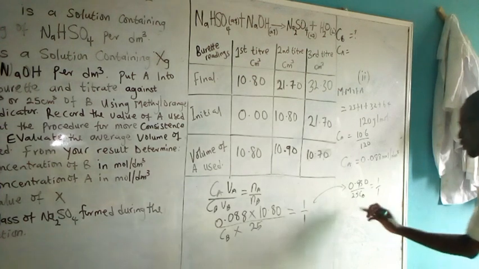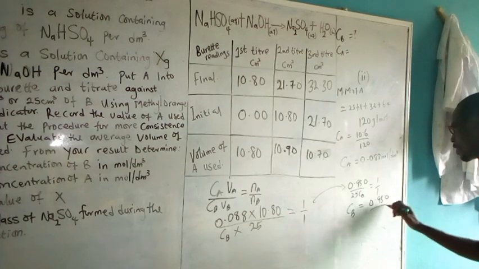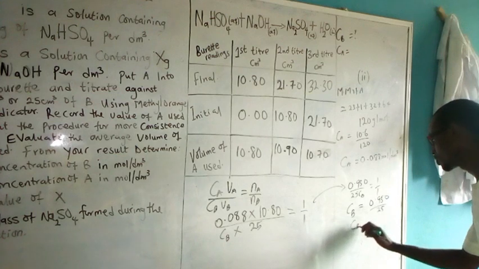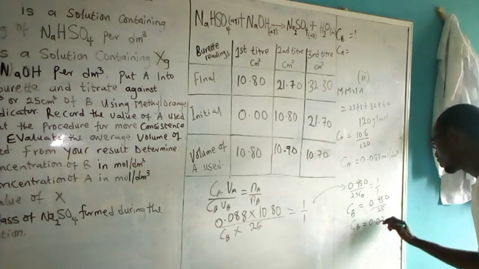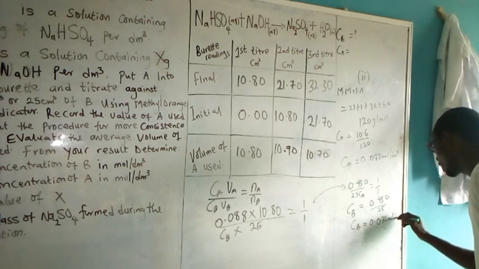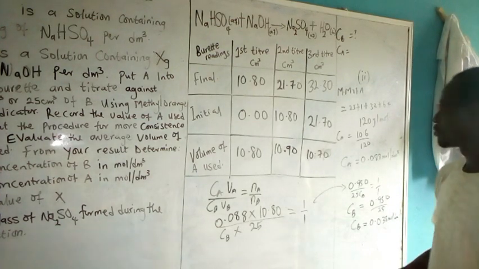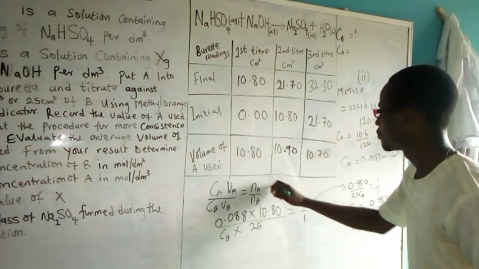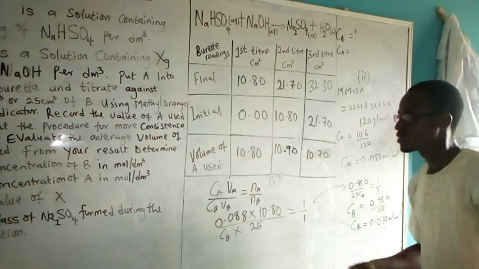Let's just cross multiply so that Cb will be equal to 0.950 over 25. So 0.038 rather. So Cb, the concentration of the base, is 0.038 mole per dm cube. So that is the concentration of the base. With that, we have the proper solution to question I, which is the first question.